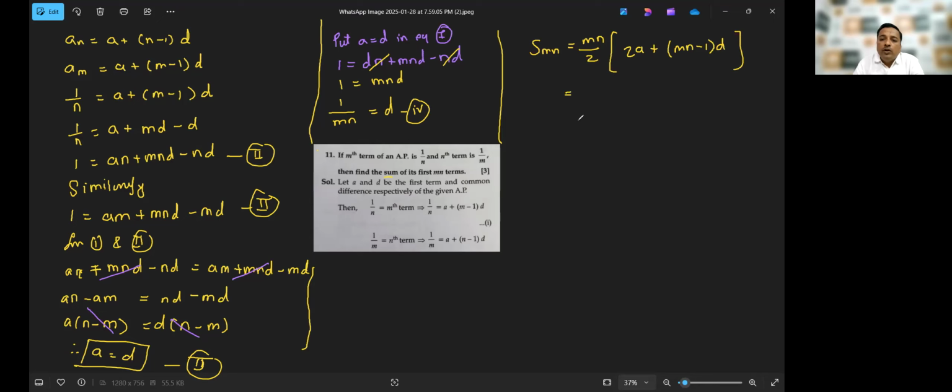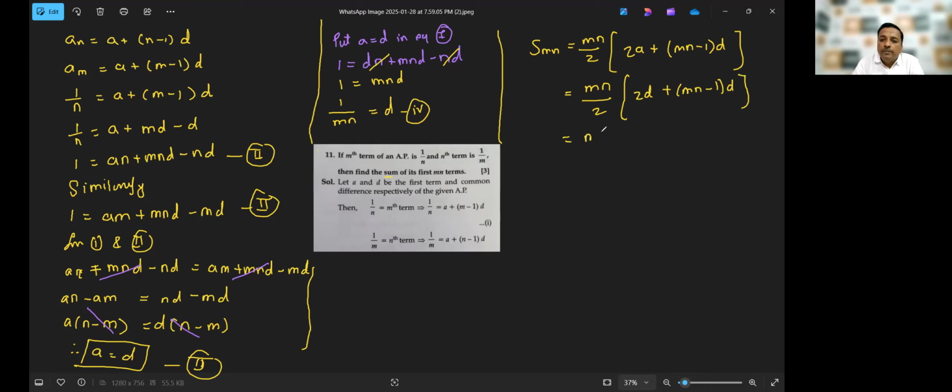Now substitute the value of a के जगह पे d put up करो. mn by 2 into 2d, just we can multiply this one. Mn minus 1 and then d.